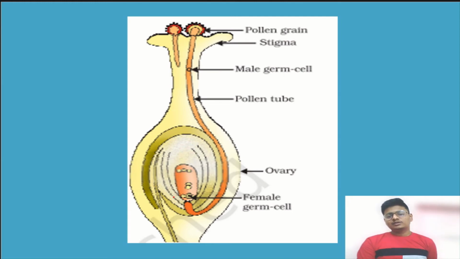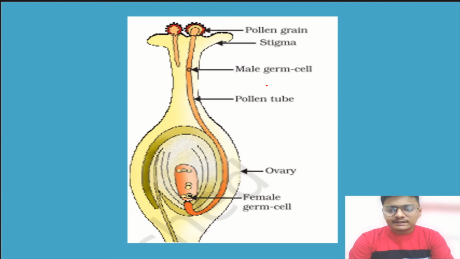Okay students, so from the starting till now, let's recall what I have told you. Male germ cells produced by pollen grain fuse with the female gamete present in the ovule. This fusion of the germ cell, or fertilization, gives us the zygote, which is capable of growing into a new plant.